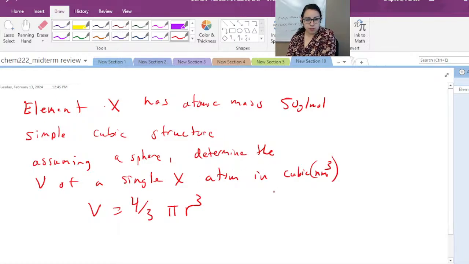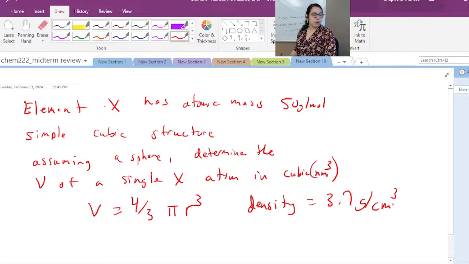Oh, and I forgot one other thing, the density, sorry, is 3.7 grams per centimeters cubed.